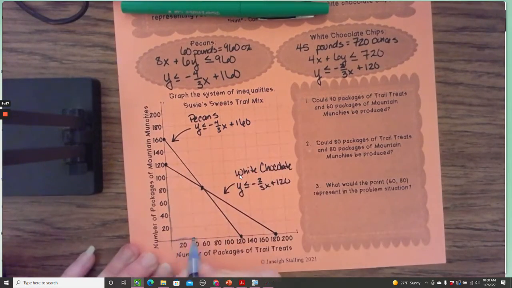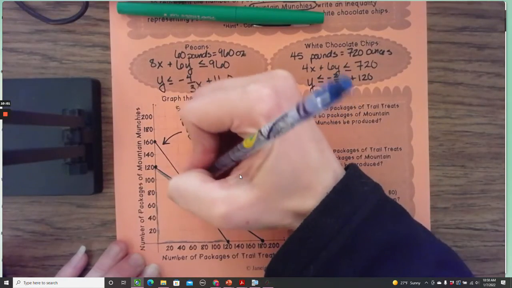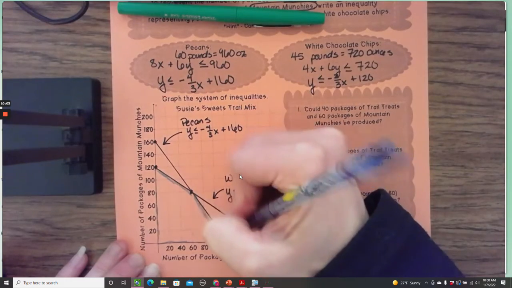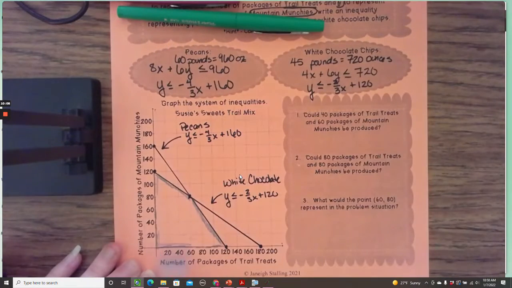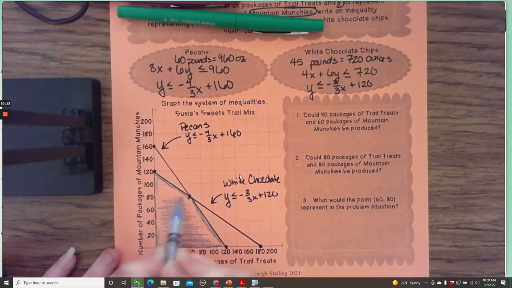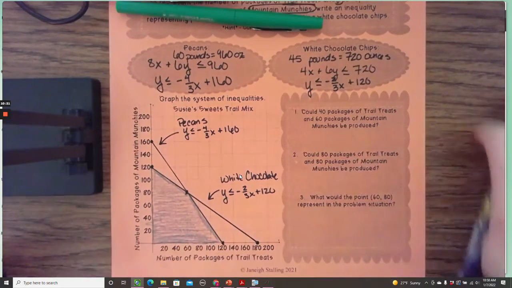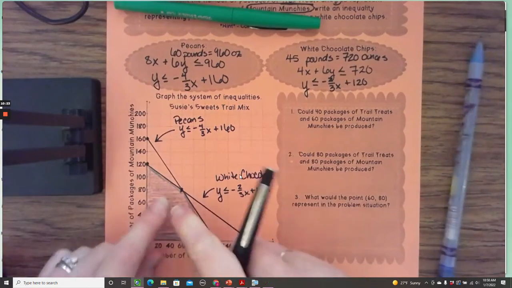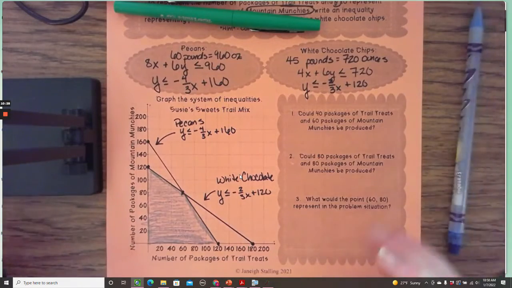The overlap is what I want. That's where my answers are going to be. So let's see here. Let me shade that up real quick. Okay. So any solution in this shaded area would be a solution to these inequalities.